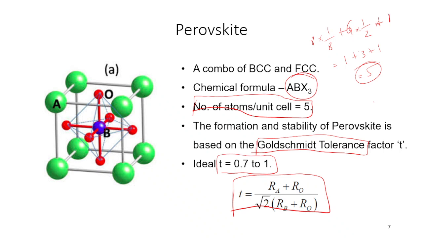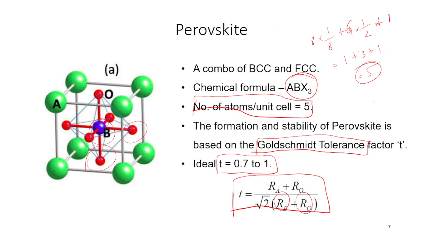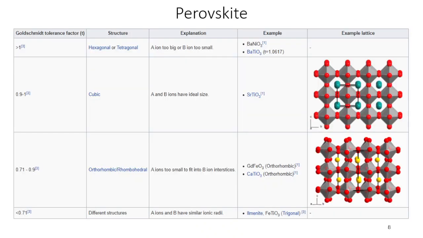Radius of atom A, which is the corner atoms, then radius of atom B, which is the center atom, and radius of the atom O, which are the face atoms. So you can note this formula.